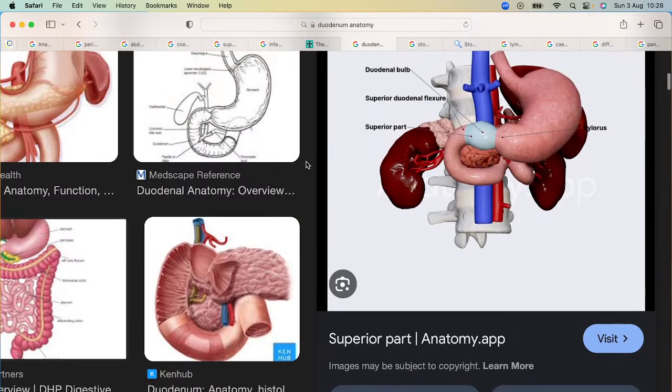The first part is closely associated with the gallbladder, the right suprarenal gland, the right kidney and the common bile duct. If you move to the second part, it is more associated with the transverse colon, the right kidney and the ureter. Likewise, I'll leave that section for you to go through.